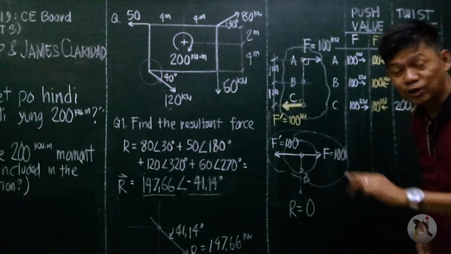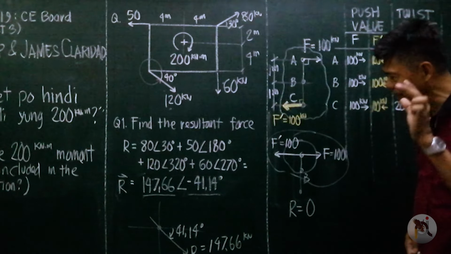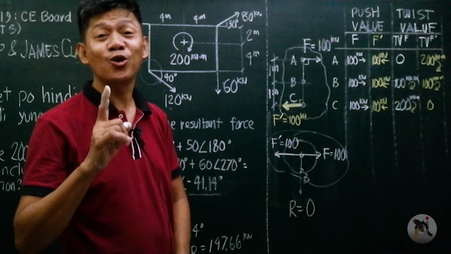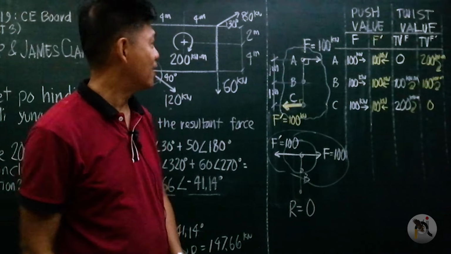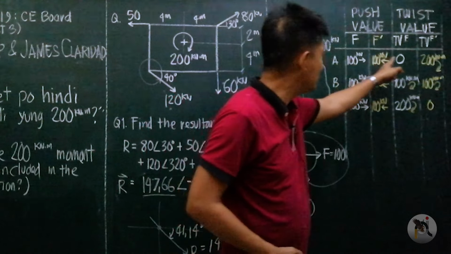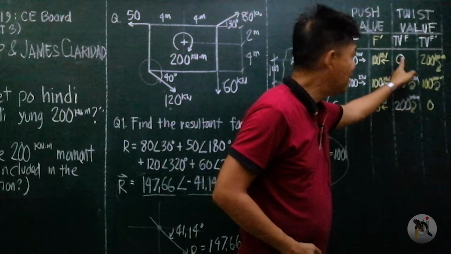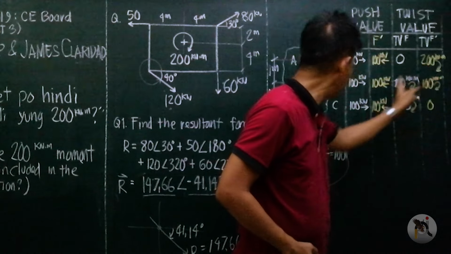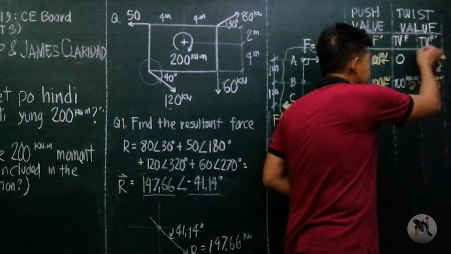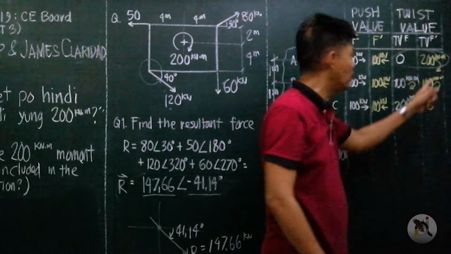The resultant push value at any point is 0. However, let's talk of their twist value. At point A, the twist value of F is 0, but the twist value of F prime is 200. So their resultant twist value at A is 200.